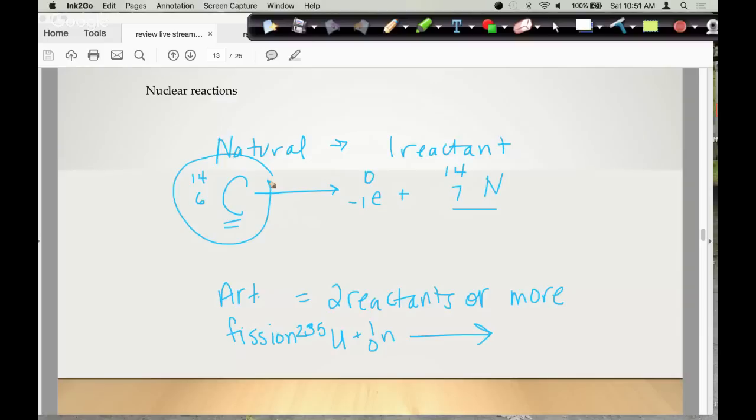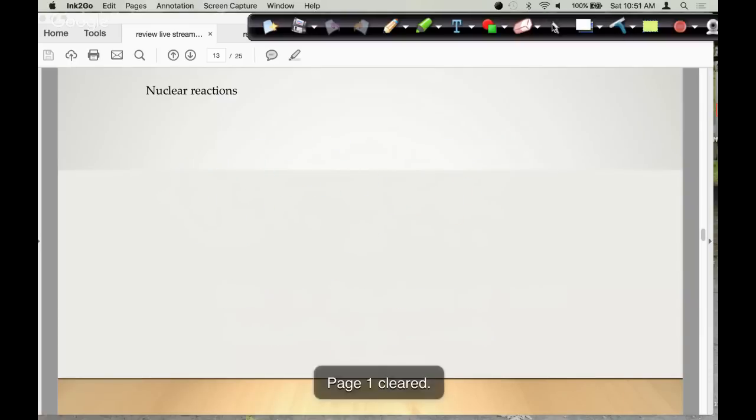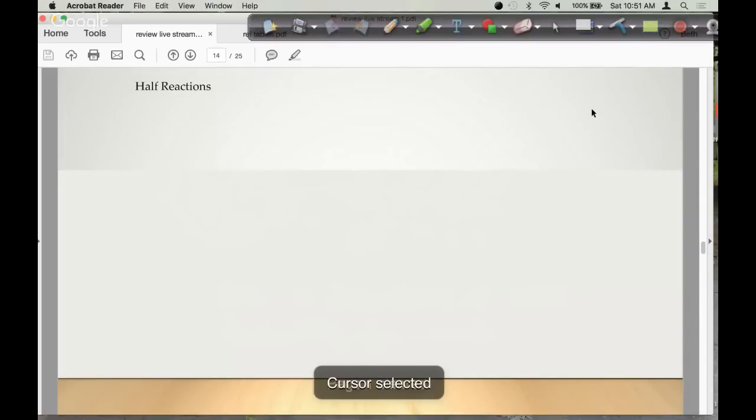Because it's on table N for natural nuclear, that's what I use the N for. That means that it just gives off this one beta particle. Right, we can look that up on table O, and 7 minus 1 is 6, 14 and 0 is 14. So there might be more than one product, but there's only ever one reactant in a natural nuclear transmutation.